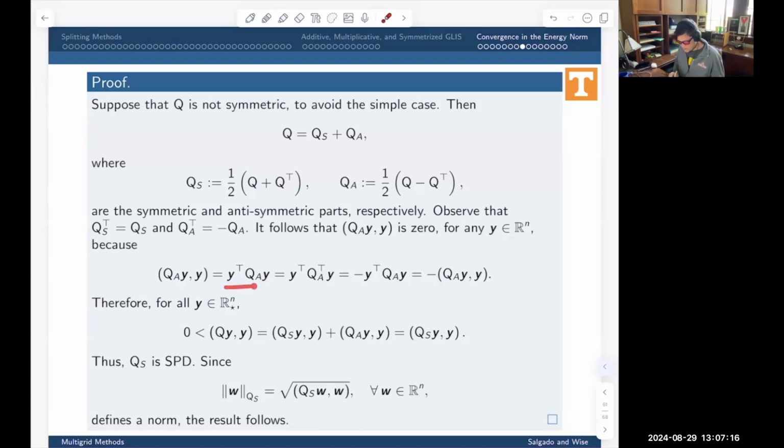So let's take the transpose of this 1-by-1 matrix and let's use a property of transposes. The property that you should recall is that the transpose of any product is the product of the transposes, but in reverse order.